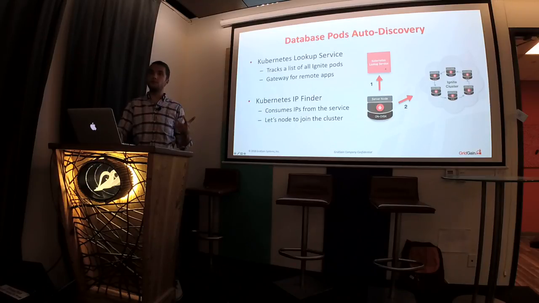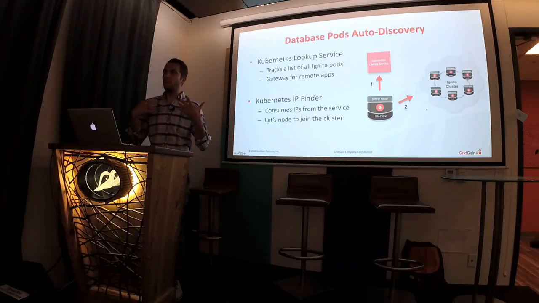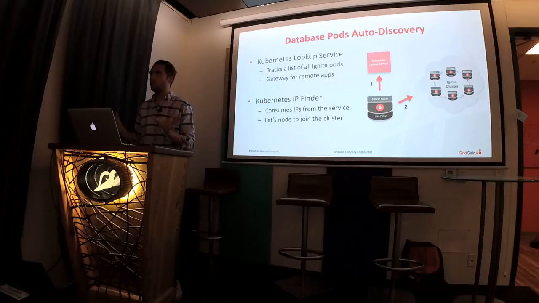And the service returns all the IP addresses of the nodes that are already up and running. After that, our new node takes one of the IP addresses and initiates the join process. And after that, it becomes a part of the same cluster. That's probably one of the most straightforward ways you can support auto-discovery of your databases in Kubernetes.